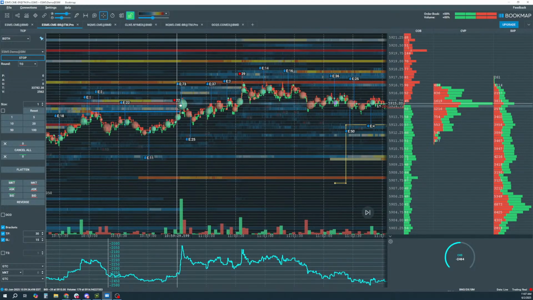I want to see people getting stopped out on the way up, and I want to see this absorption. So basically, with this setup of absorption and exhaustion, I want to see icebergs on the offer, as well as stops getting filled on the way up. And that would be a really nice confluence.